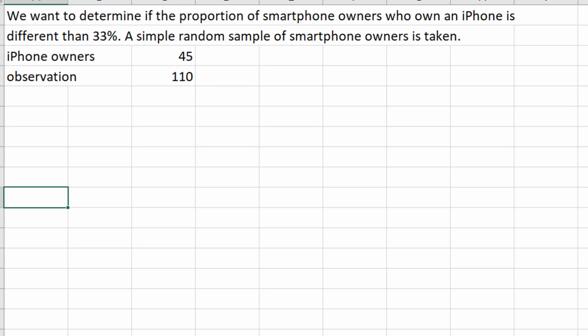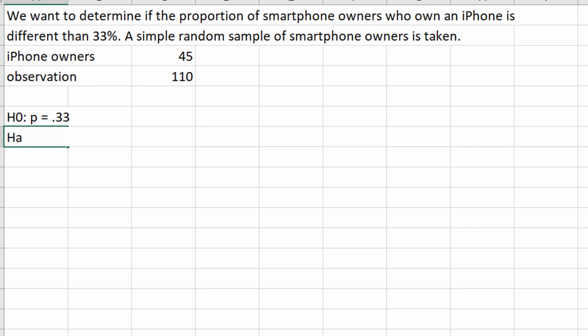Let's be formal about this, and state the null and alternative hypotheses. The null hypothesis is that the proportion in the population is equal to 0.33, that is, the proportion of iPhone users is exactly 33%. And the alternative is that it is different than 33%.